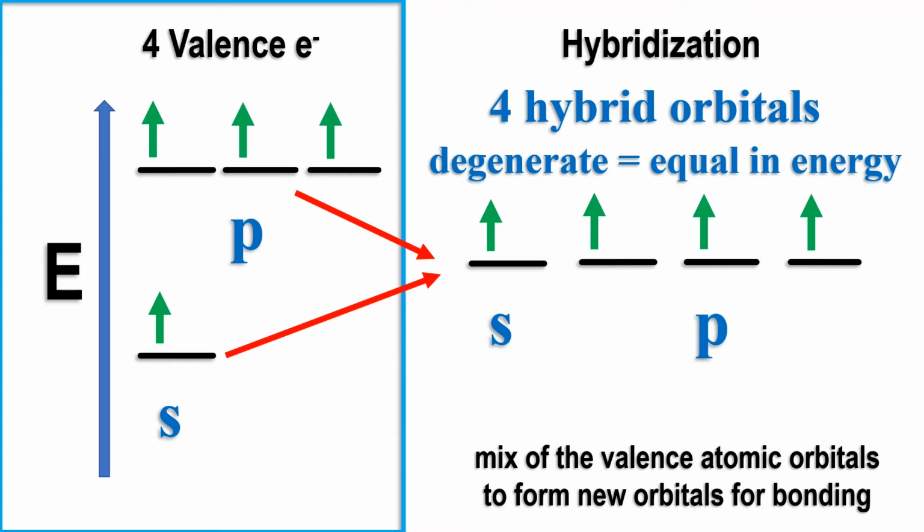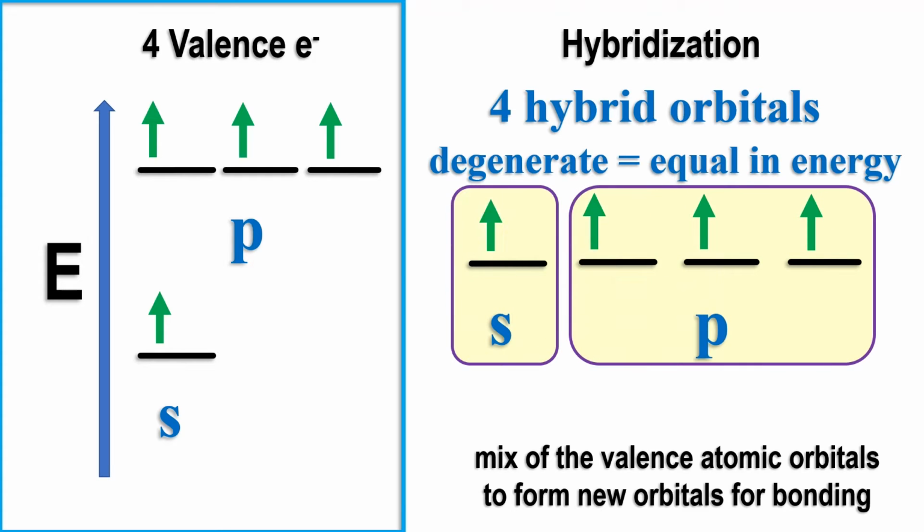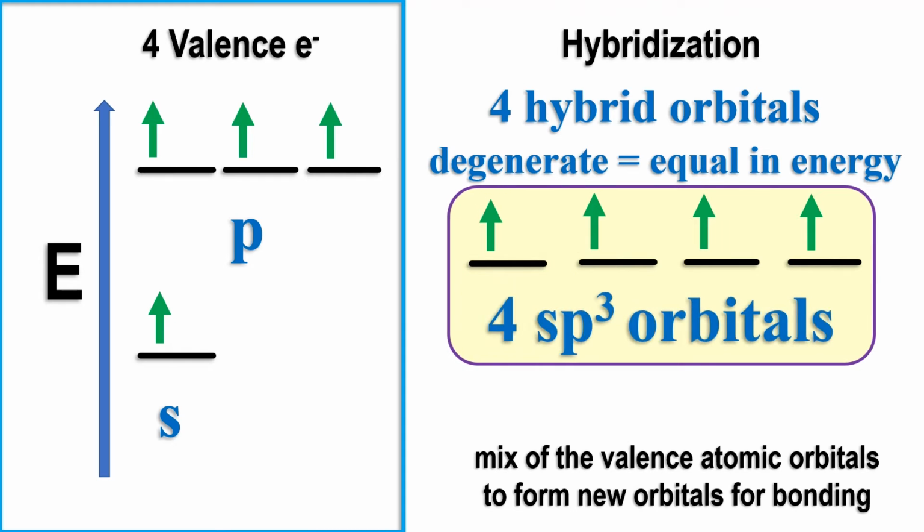Notice, the energy of these bonding orbitals is somewhere in between the energy of unhybridized s and p orbitals. And following Hund's rule, we can maximize unpaired electrons. There are 4 unpaired electrons. We can call these 4 orbitals sp3 hybridized orbitals.